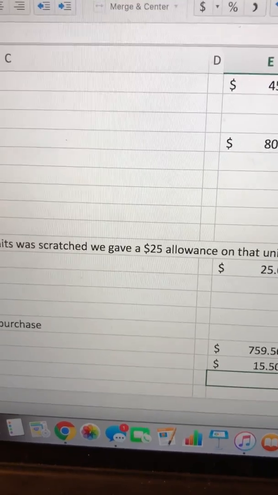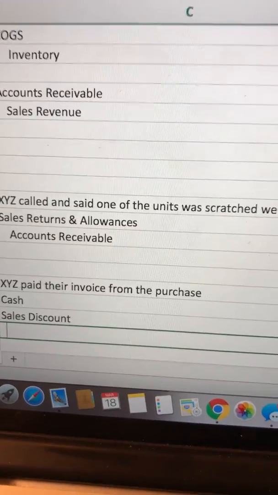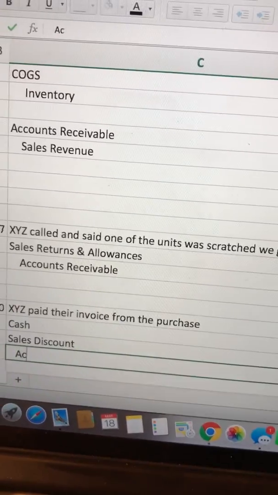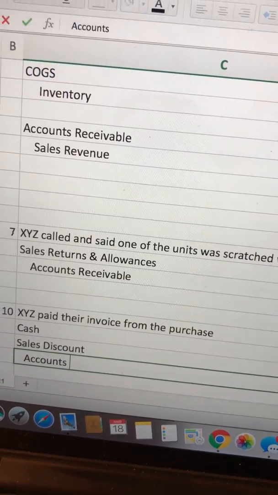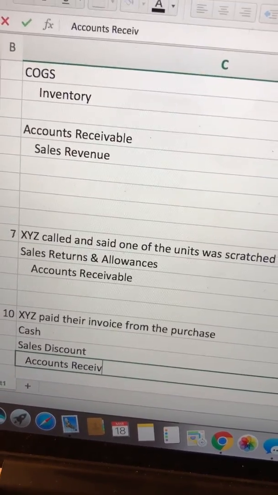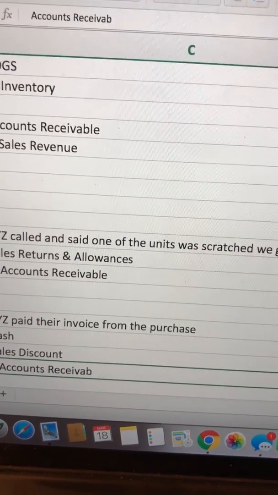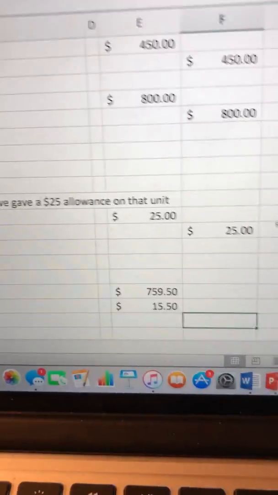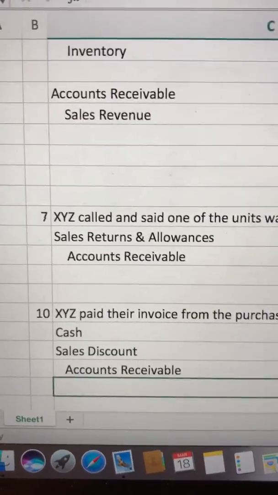And what did this do? It paid off their accounts receivable of $775. Hopefully this helped. If you need anything, let me know.